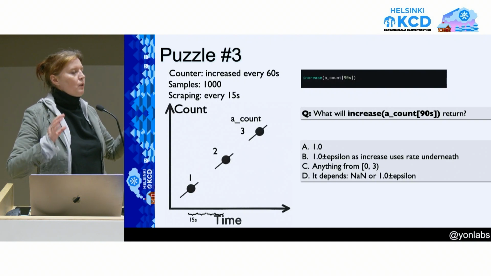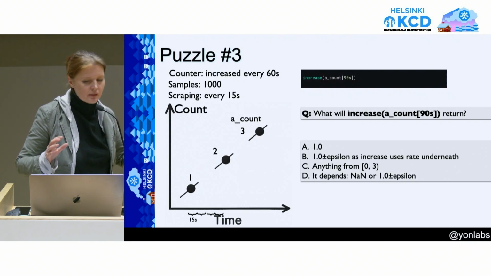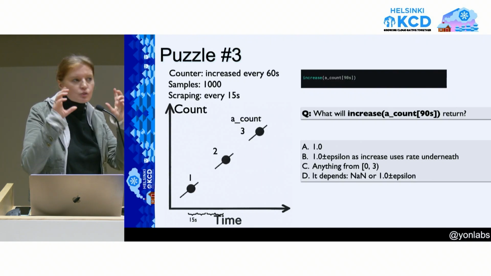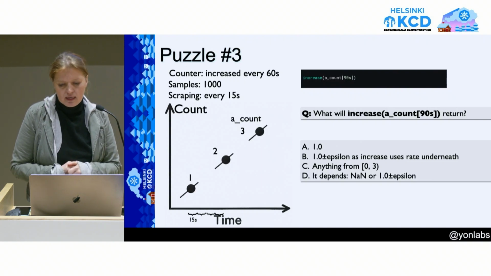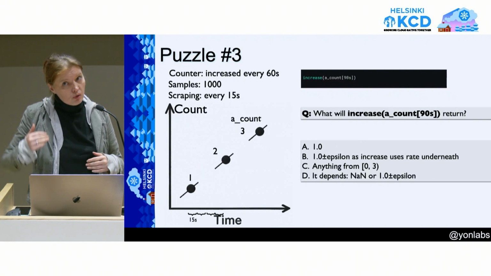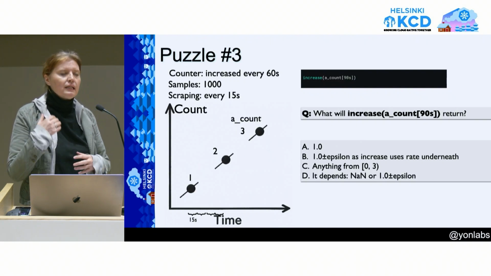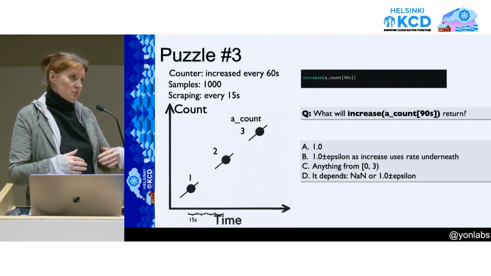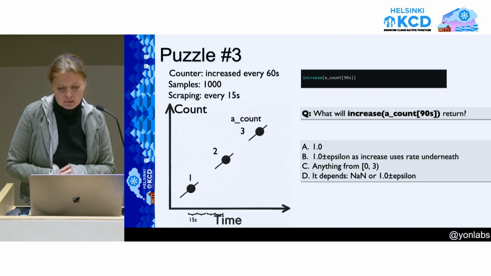Is it 1.0 sharp? Is it 1.0 plus minus some small epsilon? Because increase is only syntactic sugar over rate, so it uses rate underneath.